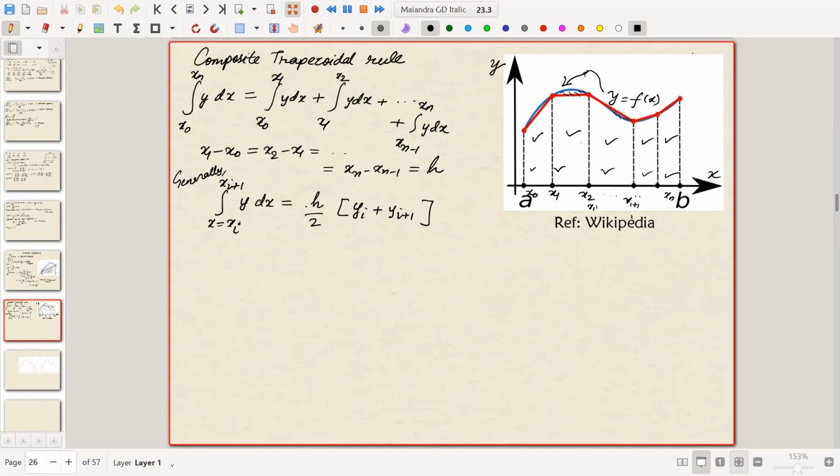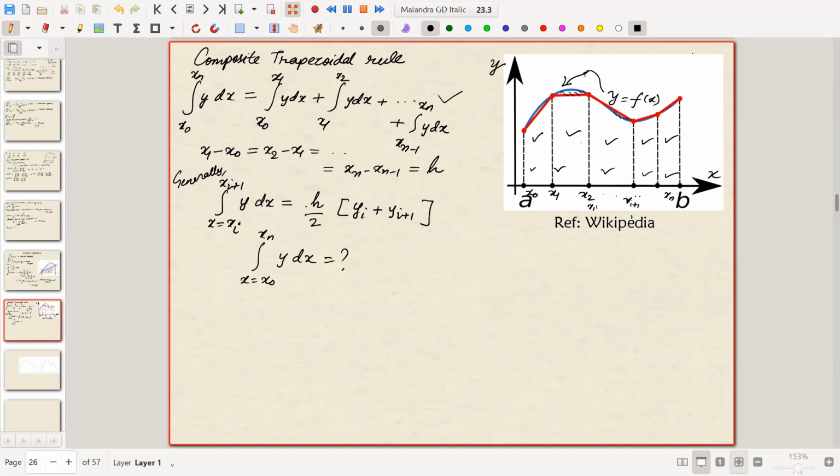Now my question is, can you compute the integral from x0 till xn of y dx using this? You found the general formula for this, right? Now I think the statement applies that we will take a summation.